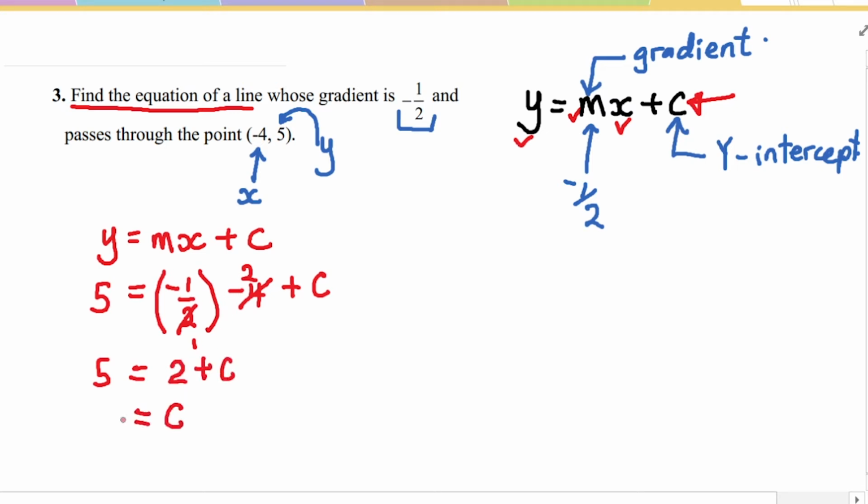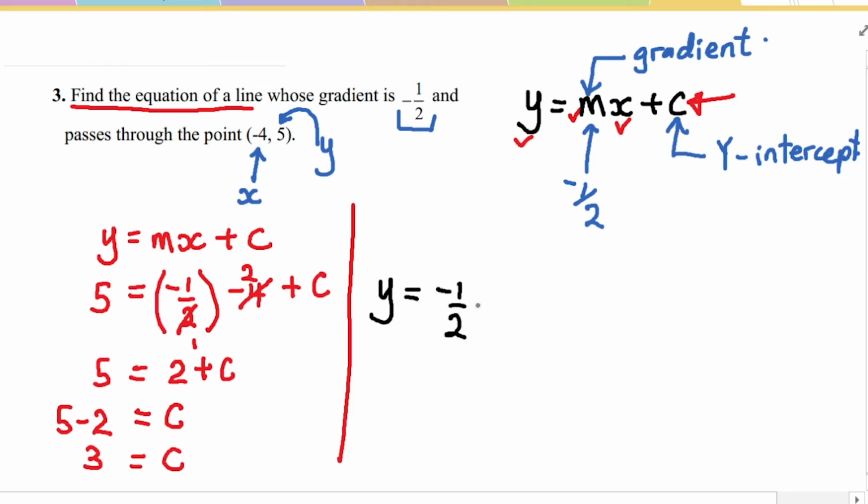So the value of c is 5 minus 2, which is 3. So 3 is equal to c. Now that we know our value of c as 3, our value of y is going to be m, the gradient, -1/2 x, plus our value of c, which is 3. And that's the answer. So we've gotten the equation.